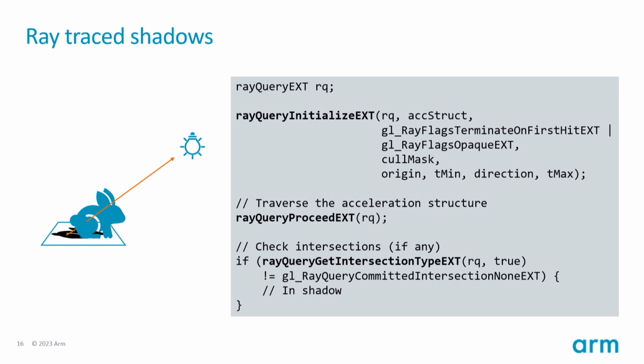We only care if we hit something, and we do not need the closest hit. So we can accelerate the traversal by using the special flags. As you can see from the code, we use the flag terminate on first hit. So when we have a first hit, then we stop the traversal.